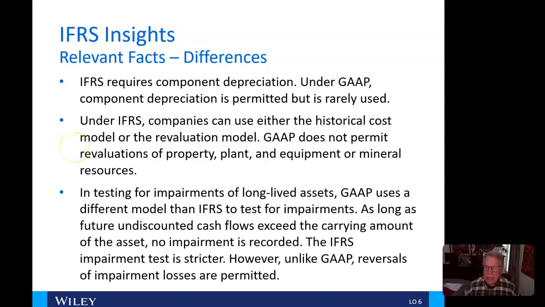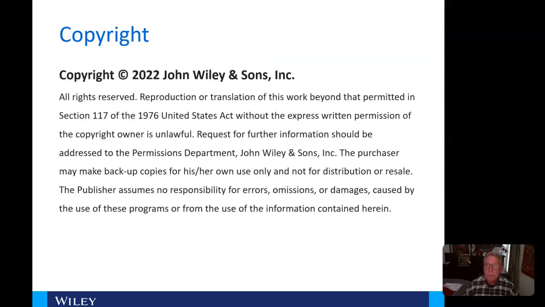And 3, in testing for impairments of long-lived assets, GAAP uses a different model than IFRS to test for impairments. As long as future undiscounted cash flows exceed the carrying amount of the asset, no impairment is recorded. The IFRS impairment test is stricter. However, unlike GAAP, reversals of impairment losses are permitted under IFRS.